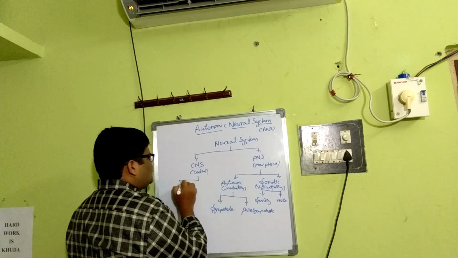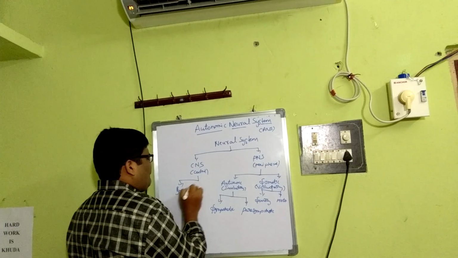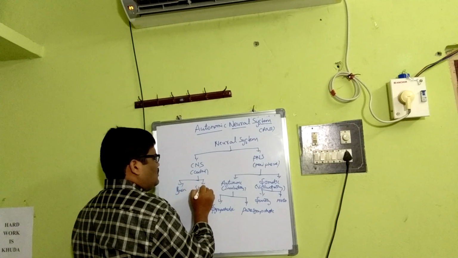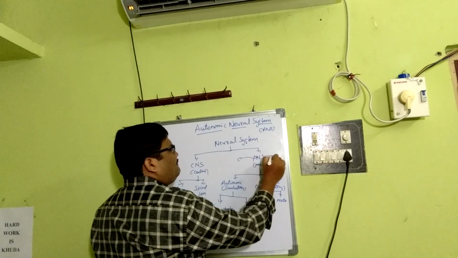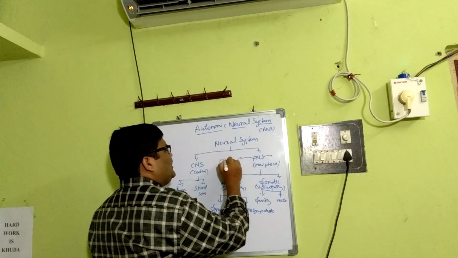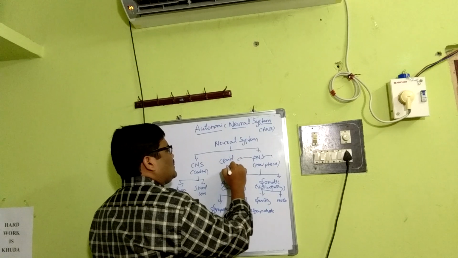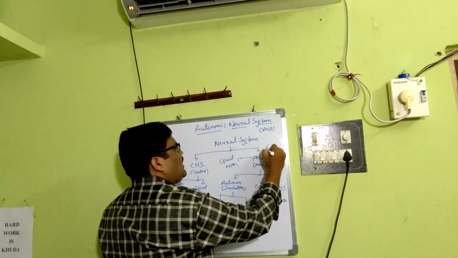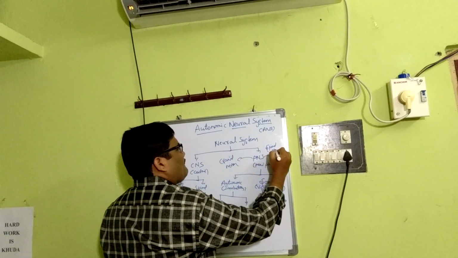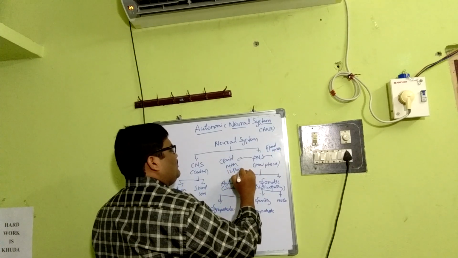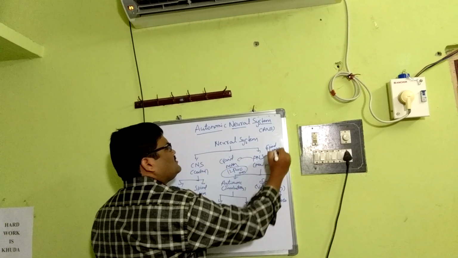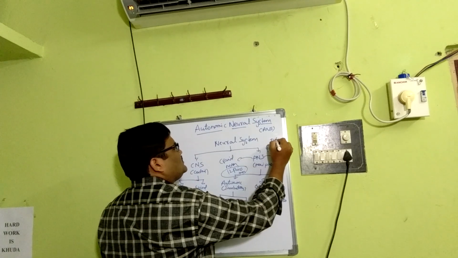In case of the central nervous system, it is the brain and spinal cord. The peripheral nervous system involves cranial nerves and spinal nerves. There are 12 pairs of cranial nerves in human beings, and spinal nerves are 31 pairs.